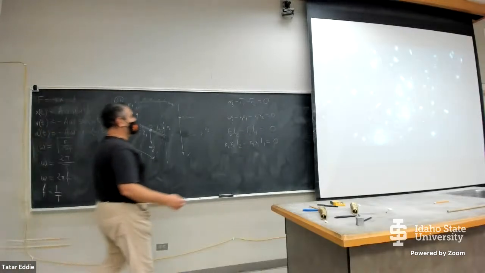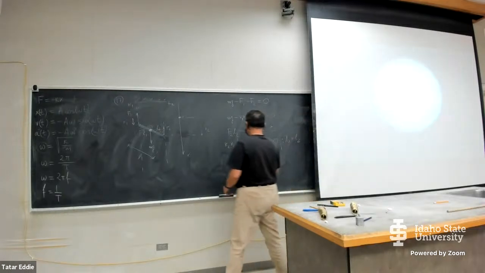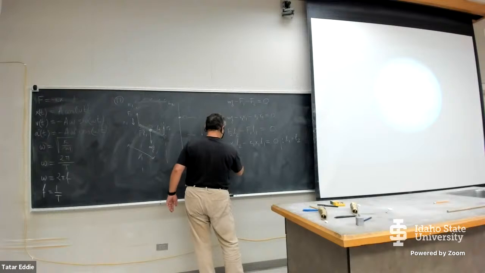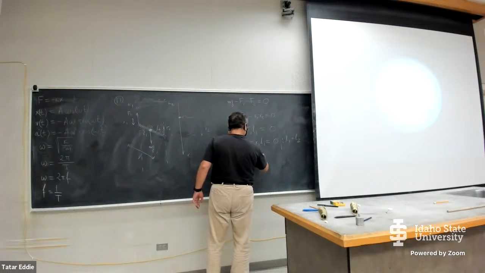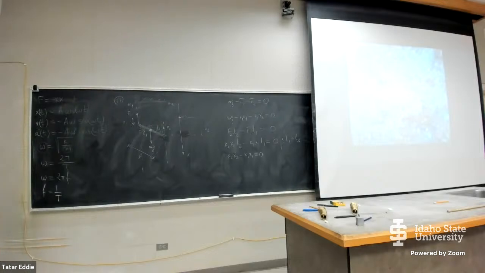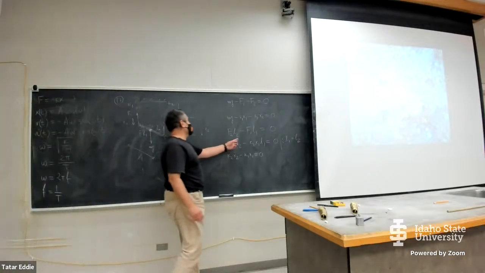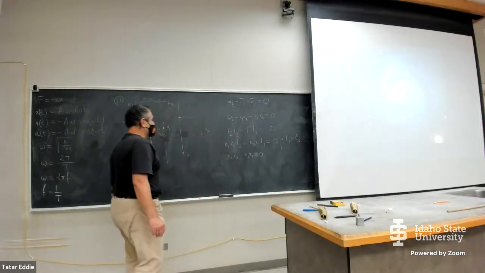So L1 is equal to L2, and when you divide both sides of this equation by L1, which is equal to L2, this cancels out, and this equation looks like this: K2 X2 minus K1 X1 is equal to 0. So I divide both sides of this equation by L1 and take into account that L1 and L2 are the same number, and it disappears.